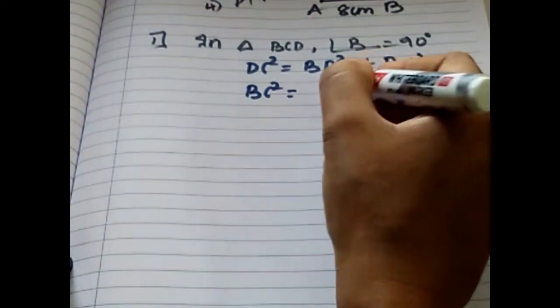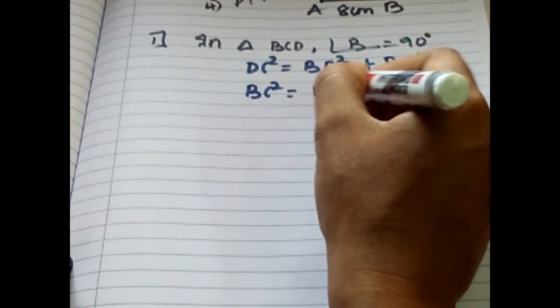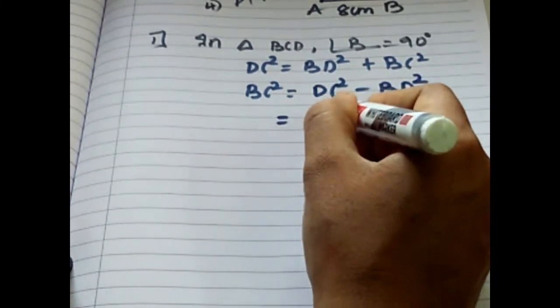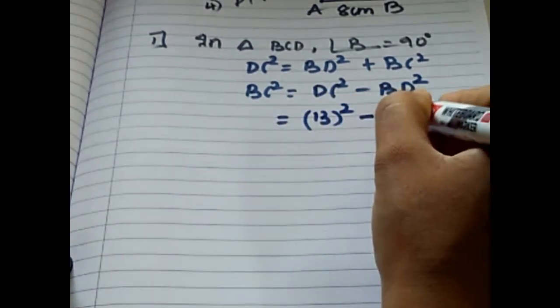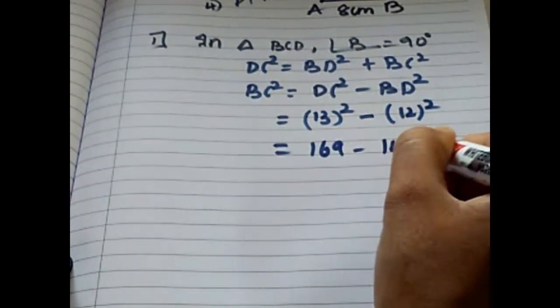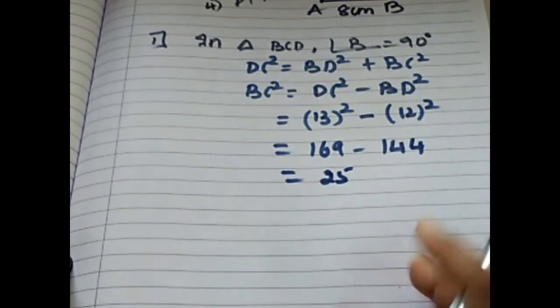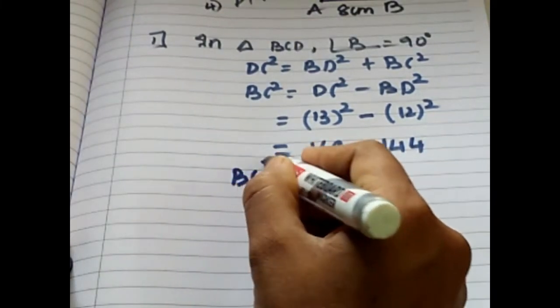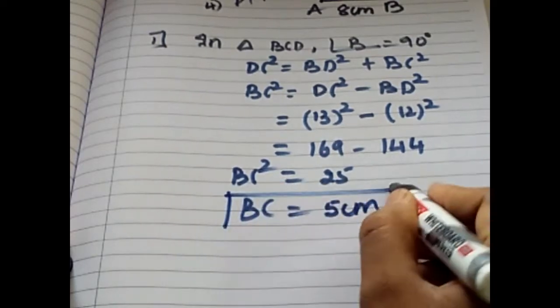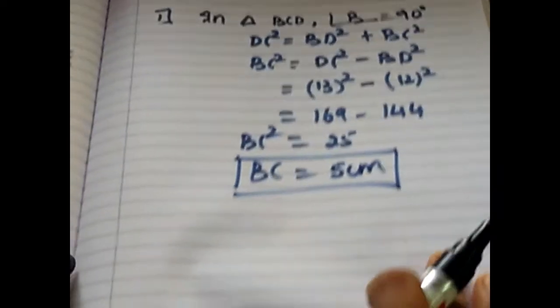Let me rearrange it. BC square is equal to DC square minus BD square. The measure of DC is 13 and BD is 12. That is 169 minus 144. It is equal to 25. BC square is 25, hence BC is equal to 5 centimeter. Our first step is finished.